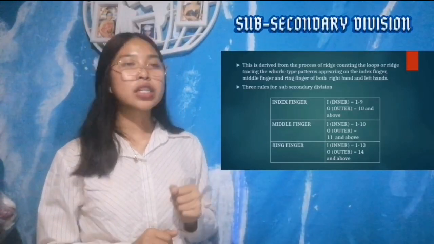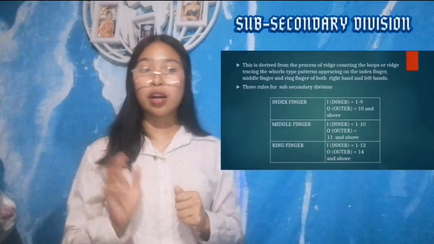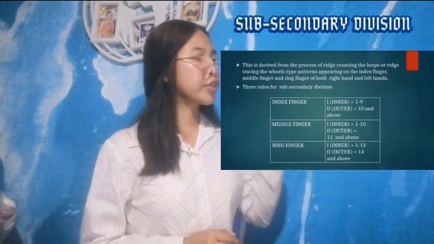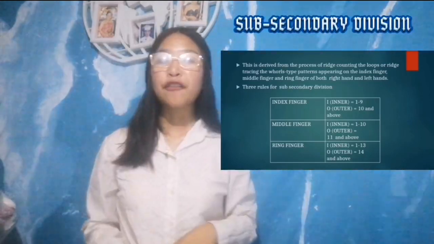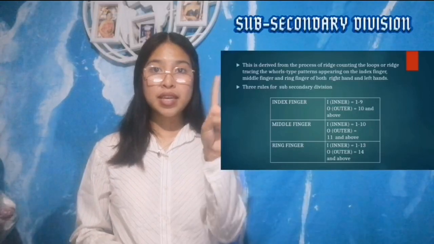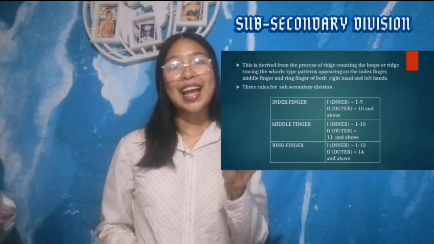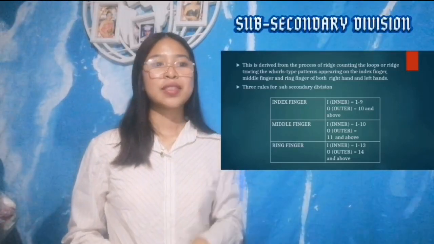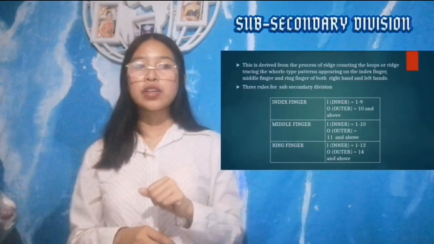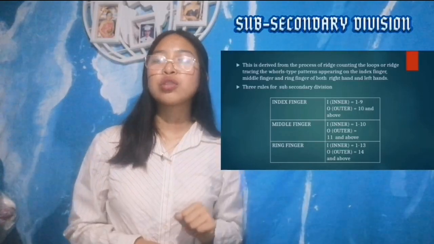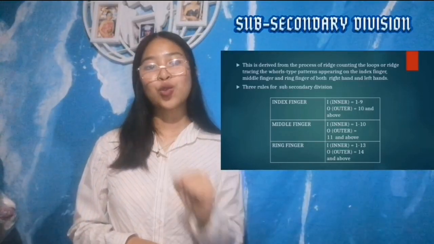The sub-secondary division is done by ridge counting of loops and ridge tracing of whirls, appearing in the index, middle, and ring fingers of both the right hand and left hand. In sub-secondary division, you need to know the three rules applied to loop patterns.